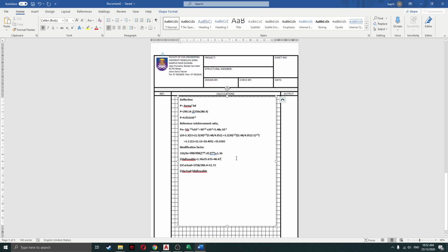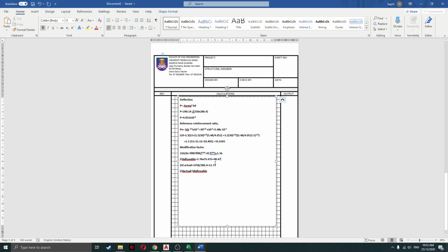Then for deflection, AS required over VD, get 4.052 times 10 negative 3. Rho, I get 5.84 times 10 negative 3, and then L over D, I get 35.6365. For modification factor, I get 1.36.